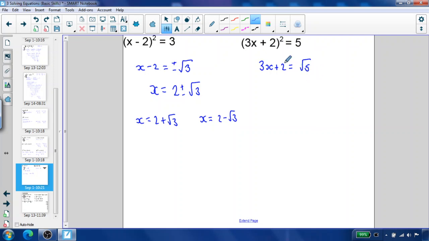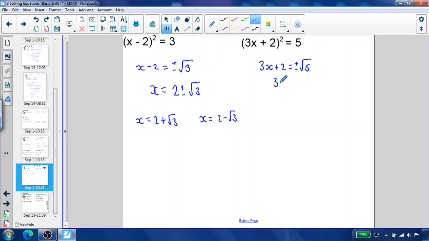So now I'm going to move this 2 over. Look, I've nearly forgot myself. Plus or minus, remember, because we are initiating the square root. And when we do the square root of 5, we can have a positive or a negative answer.